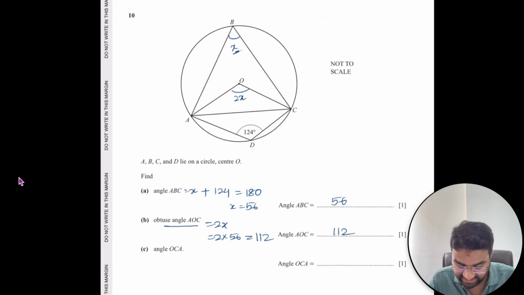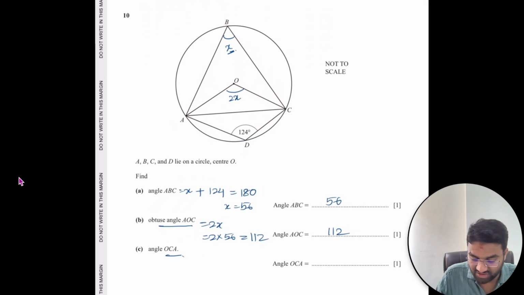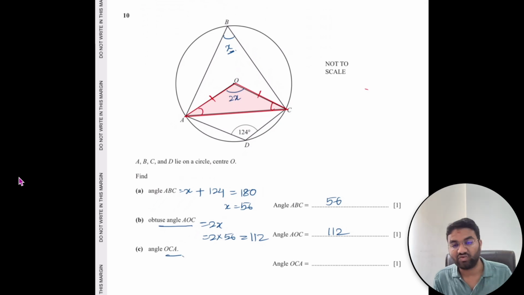Then next you have to calculate the angle OCA. Here you have to identify what kind of triangle OAC is. This is an isosceles triangle, isn't it? Because OA and OC are radii. That's why angle at A and angle at C are the same.